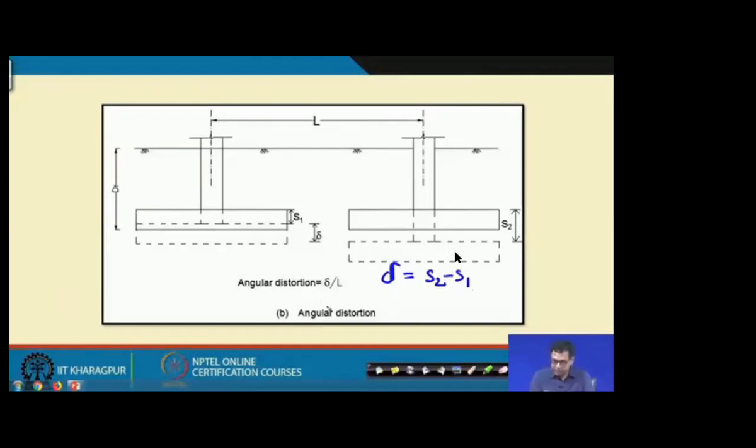Sometimes this delta is also called the differential settlement.